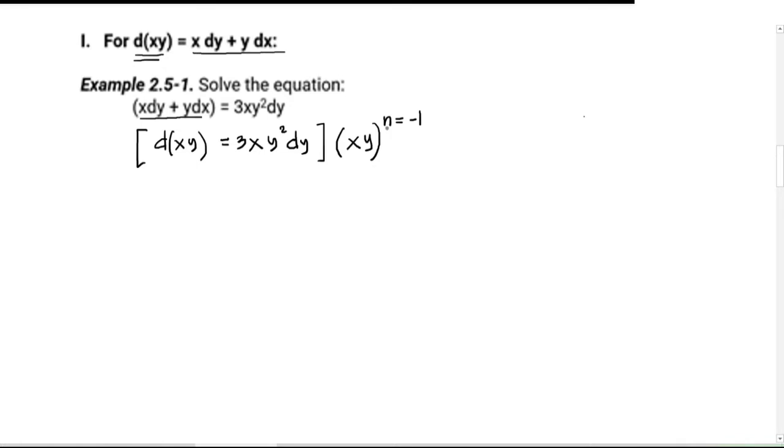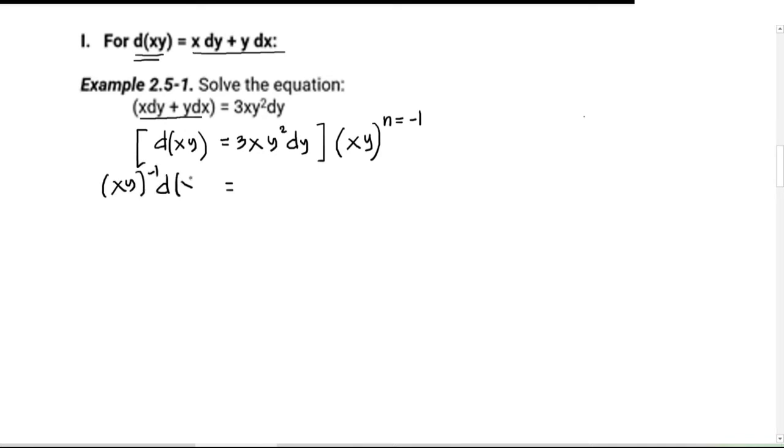In other words, our n here should be a value such that the variable to be eliminated is eliminated. And the product here is xy raised to negative 1.